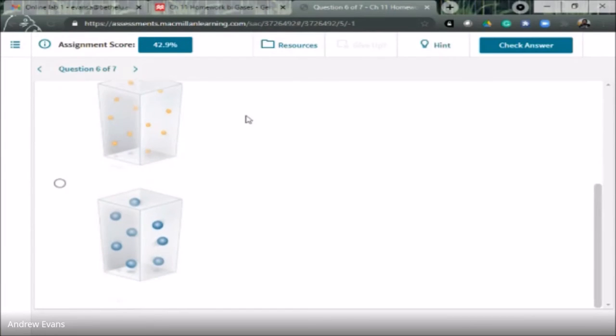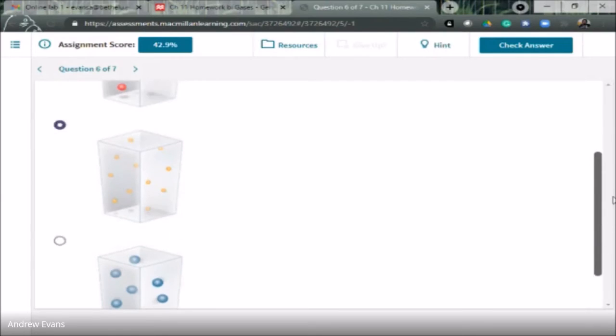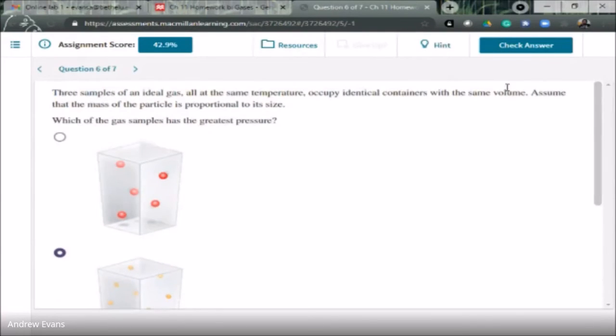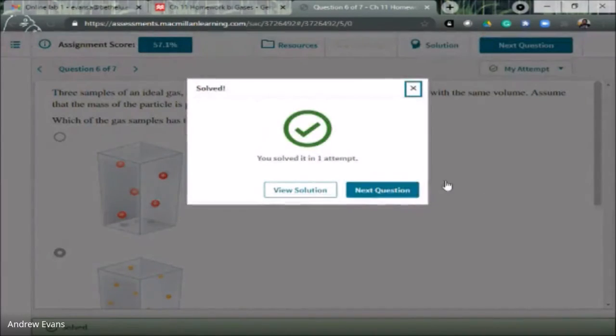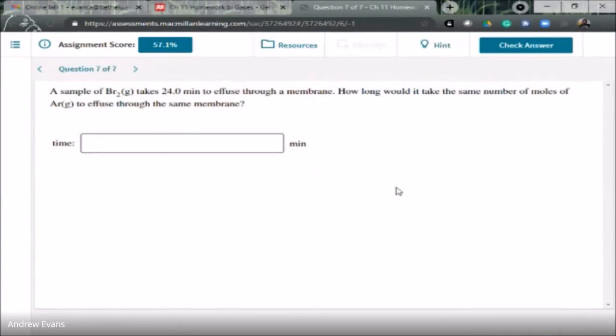I'm going to go with the lightest, the middle one. They all occupy the same volume. Because if they all have the same kinetic energy, that means the heavy ones have to be moving slower.